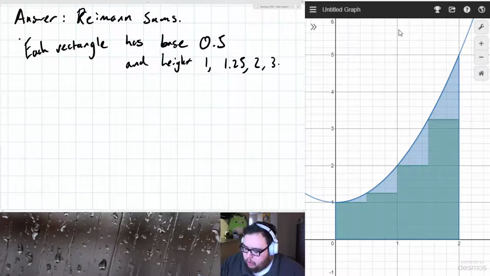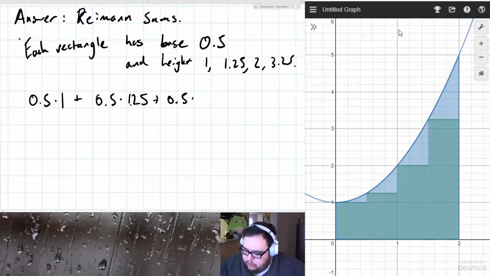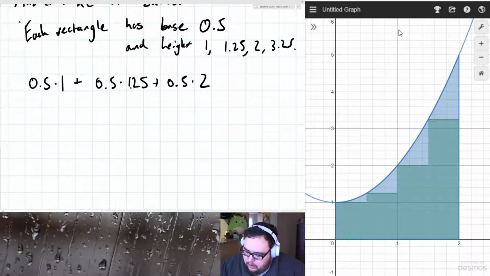2, and 3.25, respectively. So we can find an estimate for our area as 0.5 times 1 plus 0.5 times 1.25 plus 0.5 times 2 plus 0.5 times 3.25.